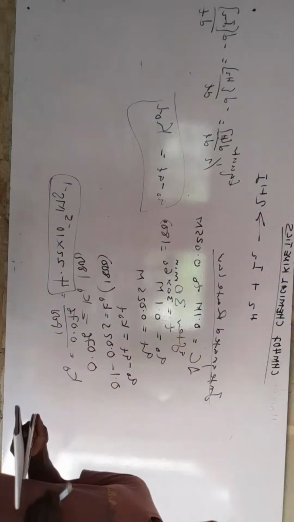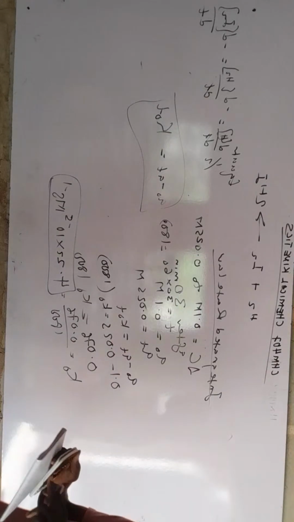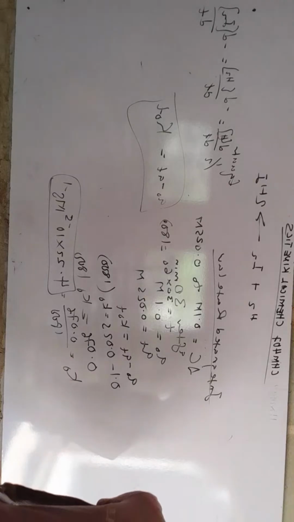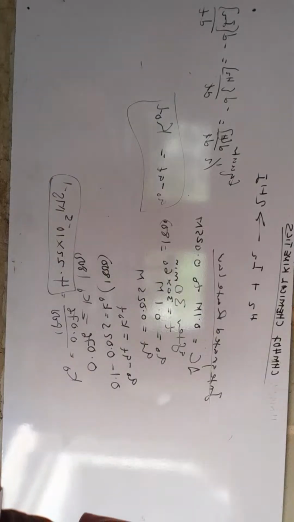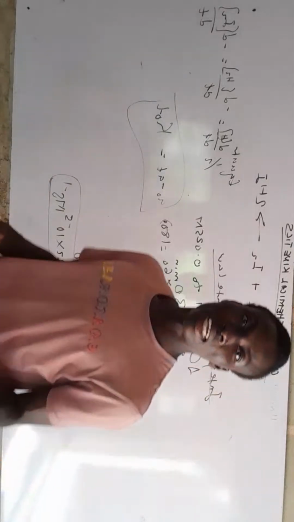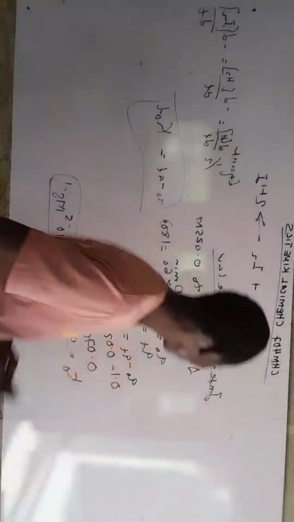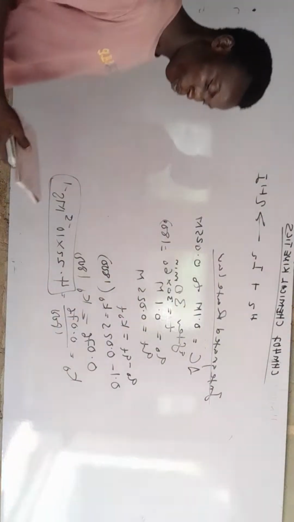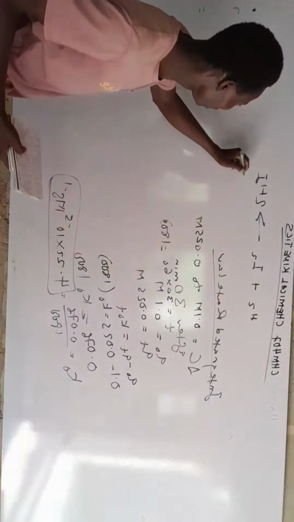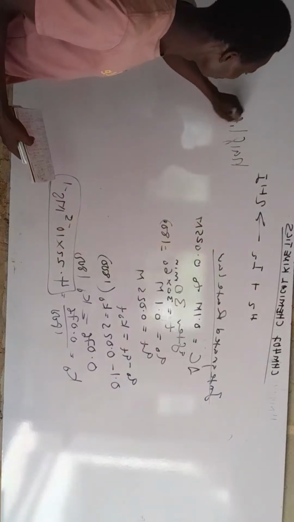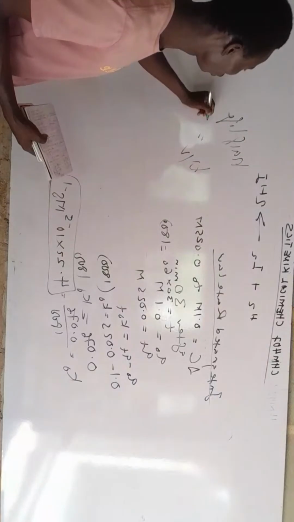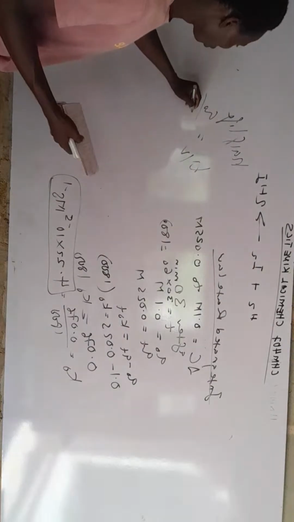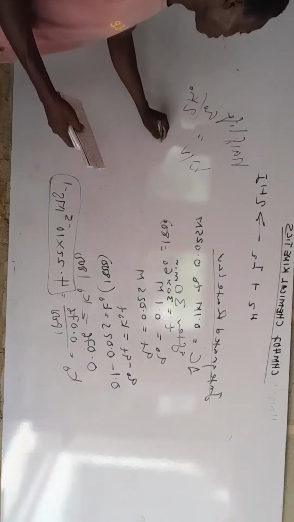Since we need to calculate the half-life, as the question asks us to do, the half-life now will be, remember the previous formula that I gave you, t half equals A naught over 2K naught.